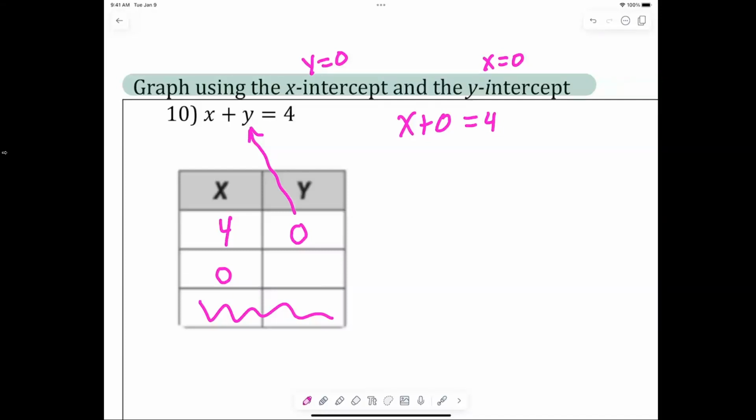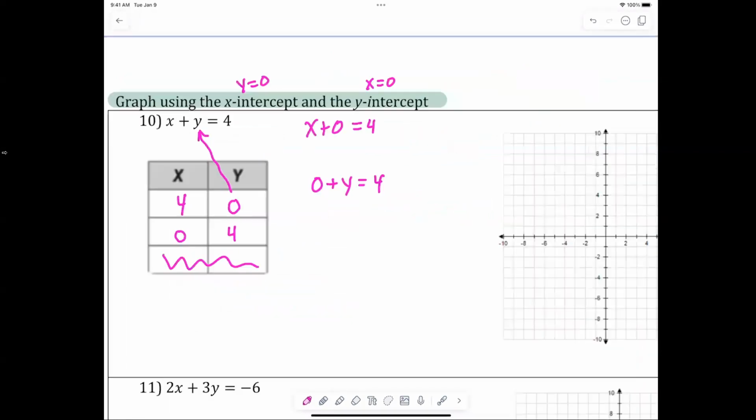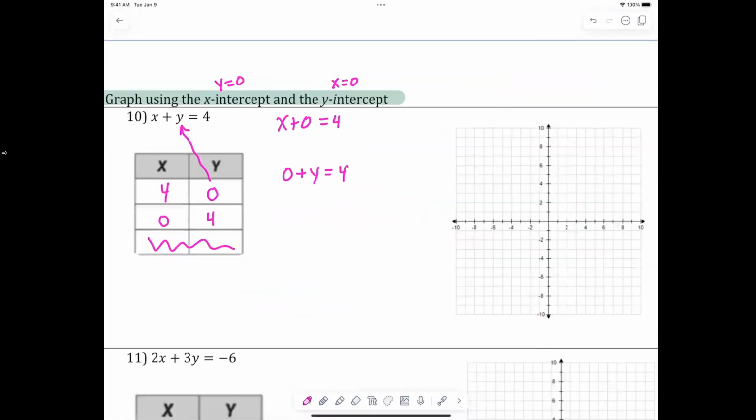Now, if I let the x be 0 this time, it's going to be 0 plus y equals 4. So what does y equal? It's a coincidence that they're both the same. It's not always going to be the same. Now you go to your graph and you plot 4, 0, and then you plot 0, 4, and then you draw that line.